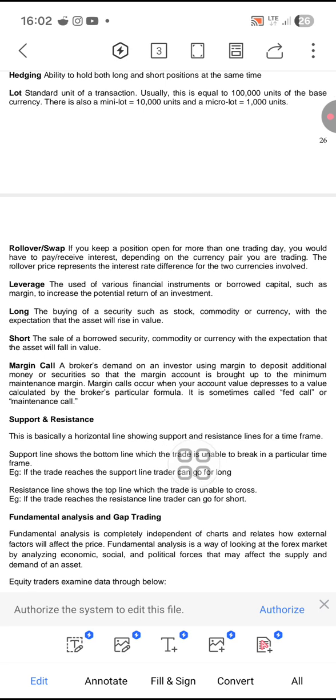If you keep a position open for more than one day, you would have to pay or receive interest depending on the currency pair you are trading. The rollover price represents the interest rate difference between the two currencies involved. Leverage is also very important. It is borrowed capital, such as margin.